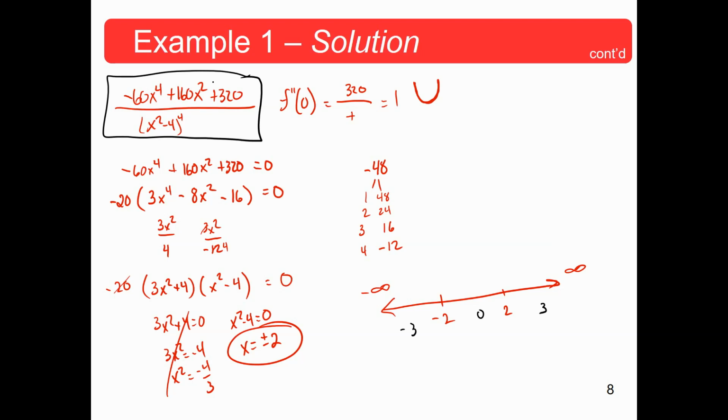So if I plug in -3, I get, let's see, -3 to the 4th is 81 times -60 plus 160 times -3 squared plus 320 gives me -3100, and then divided by -3 squared is 9, 9 minus 4 is 5, 5 to the 4th power.